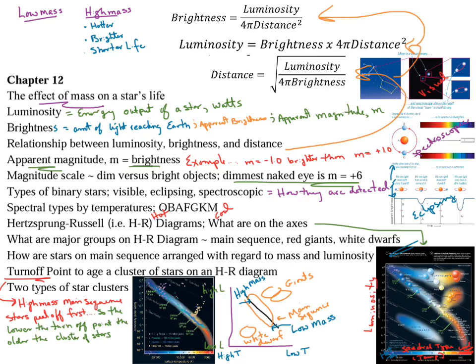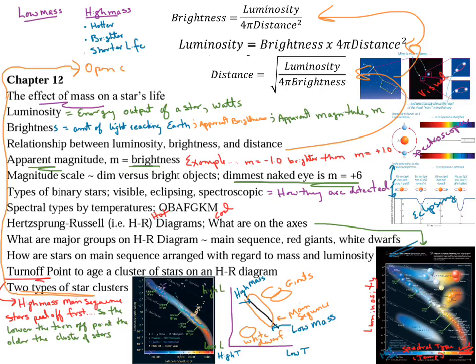So you get this peeling off effect. And so the more stars that have peeled off, that means that star cluster is older, basically. Okay, and the point at which they have peeled off the main sequence is called the turn-off point. So there you go. 2 types of star clusters.